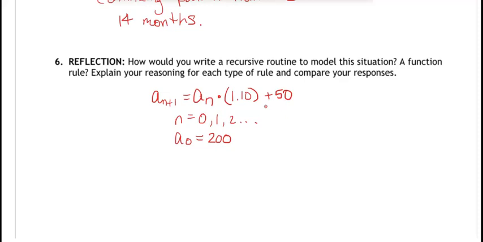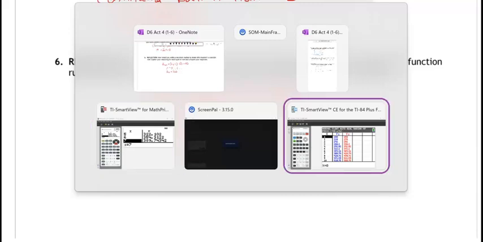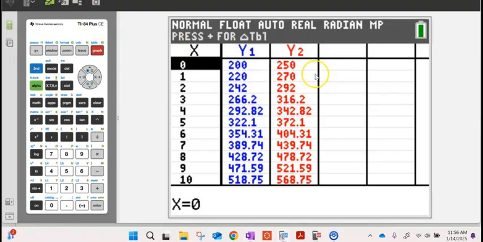Now, as far as writing a function rule, I can't exactly do that. There's no real explicit way to do this because of the type of model that it is. And in fact, I can even show you in the table. If I go right here, I went ahead and tried to put them side by side, doing what some people might think would be the function rule.